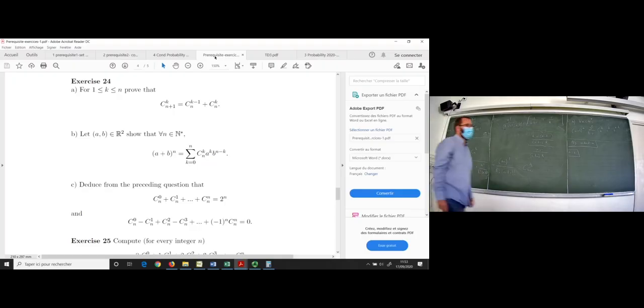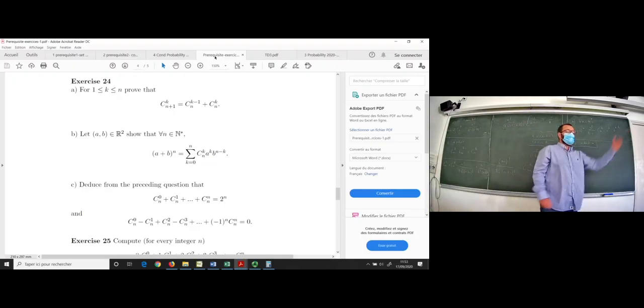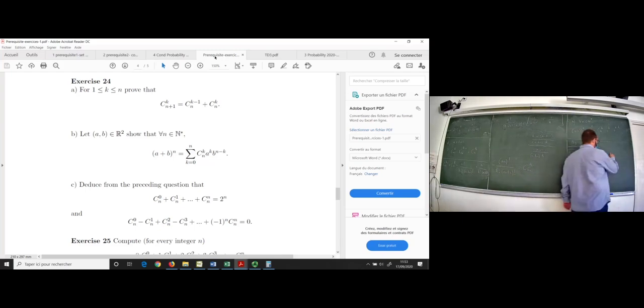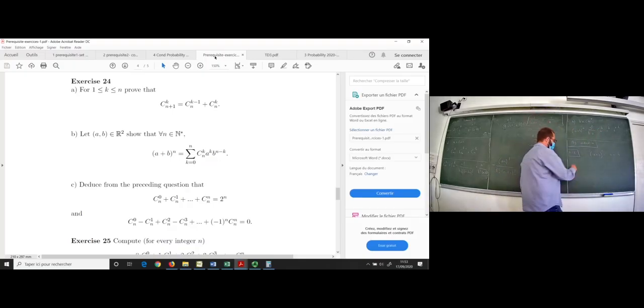Why not? So I have two terms in my equality. I have (a plus b) to the power 1, that is just a plus b. And I have a sum, that is a sum from k equal to 0 to 1 of C(1,k) a to the power k, b to the power 1 minus k.